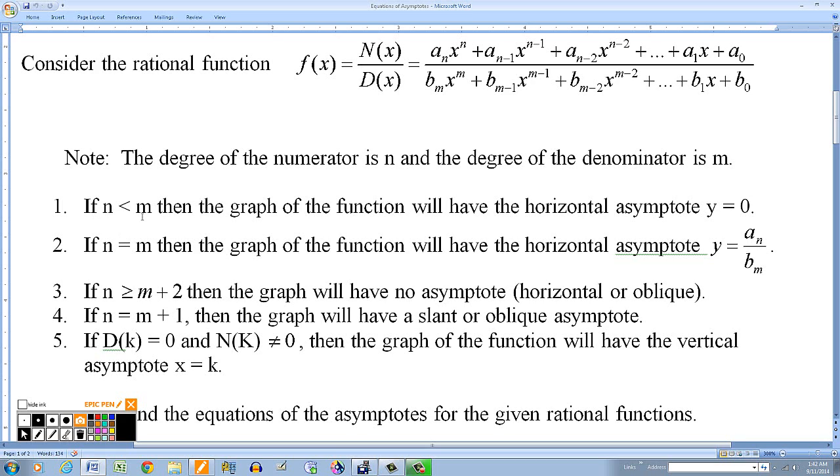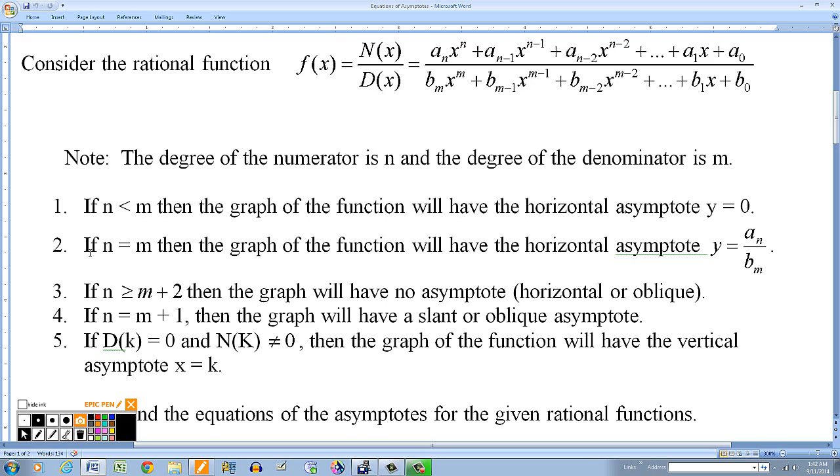Your most basic rational function would be something of the form, say, 1 over x. Now x over 1 is just x, so that would be a polynomial. So in order to have a rational function, if it's simplified or reduced, you have to have an x in the denominator. So 1 over x would be a rational function. x over 1 would not. That would be basically a polynomial.